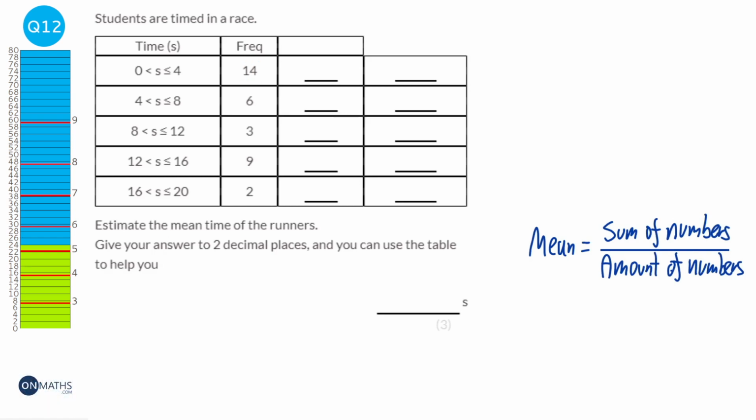Now, it's absolutely impossible to work out what time those students got with the information in this table. So what we need to do is assume they all got, say, 0 seconds or all got 4 seconds. And the fairest value to say that they all got is what we call the midpoint.